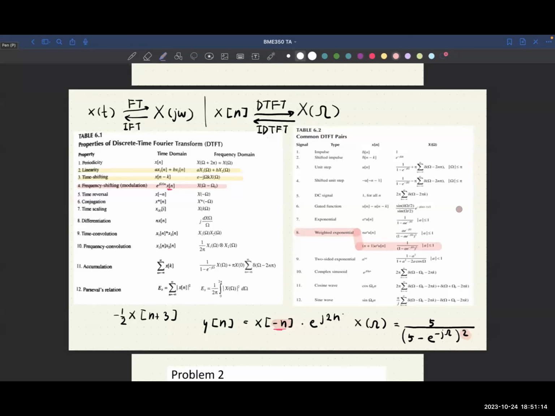That's great. Because we don't have the complex term here, we don't have e to the negative j omega, and we only have an integer here. We're gonna use this. And okay, when I look at this, the first thing that will pop into my mind is that I have 5 in my signal, but in the property it is just 1.